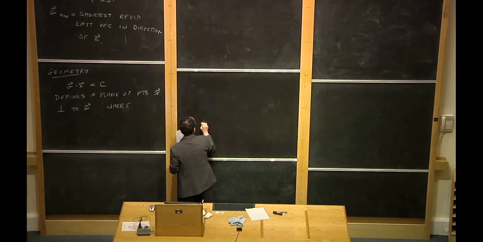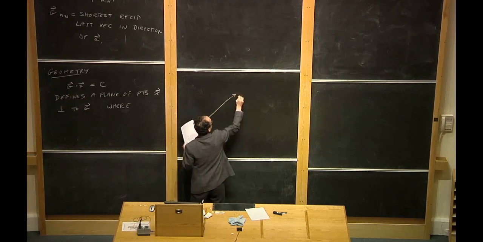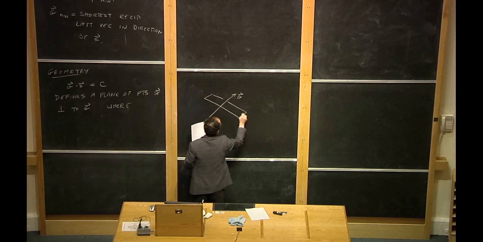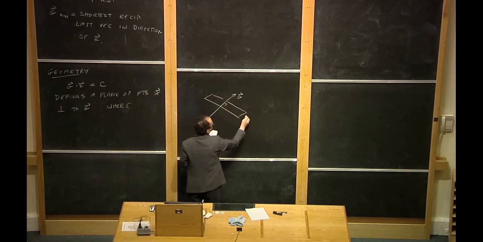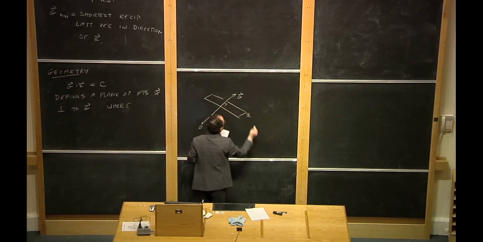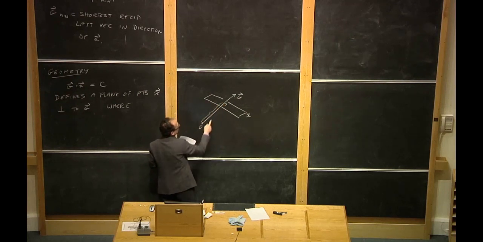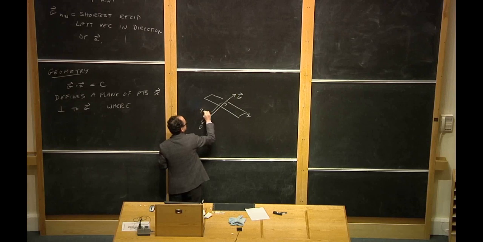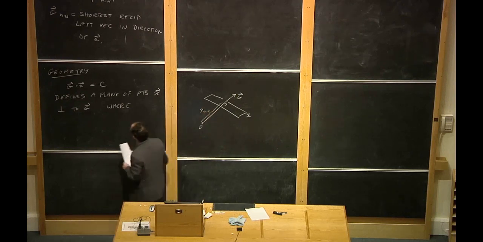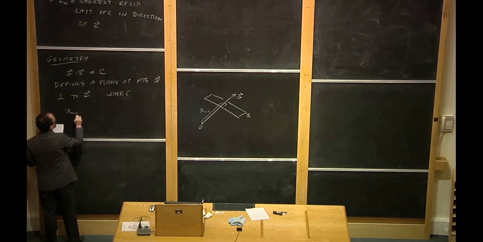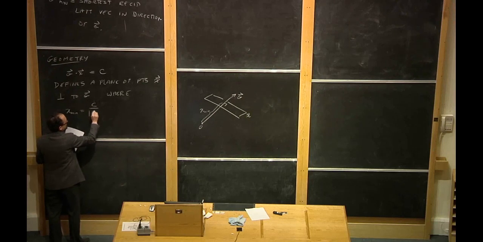So here's the point 0, here's the vector G, here's the plane perpendicular to G, which we're calling x. This is the plane of points x. And the distance from 0 to the plane x, let's call that distance x min here, where x min, the minimum distance to the plane, equals c over absolute G.